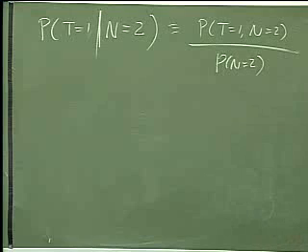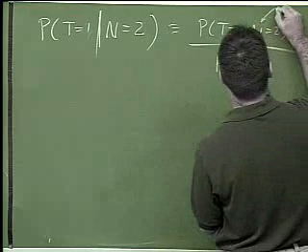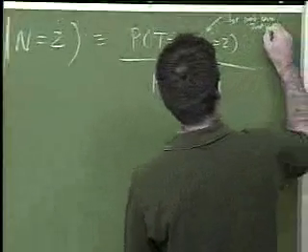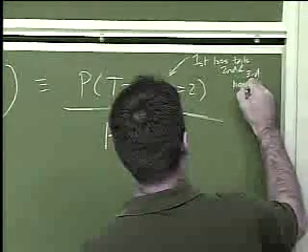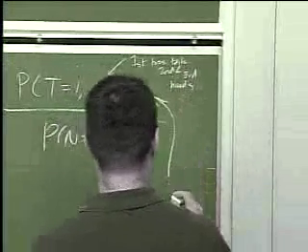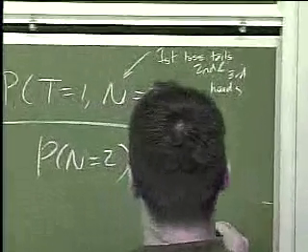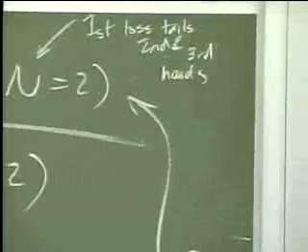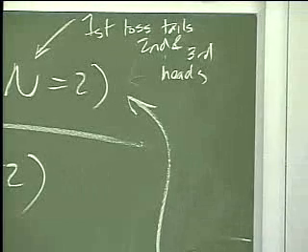So T is 1 and N is 2. So you got 2 heads, and the second and third tosses are the same. How many ways can that happen? There's really only one way, right? Second and third tosses are both heads, first toss is tails. So the probability of the numerator is 1 minus p times p squared, and there's only one order in which that outcome can happen.